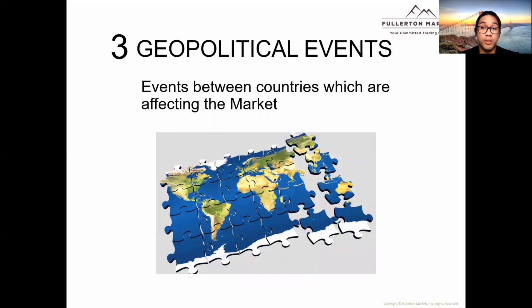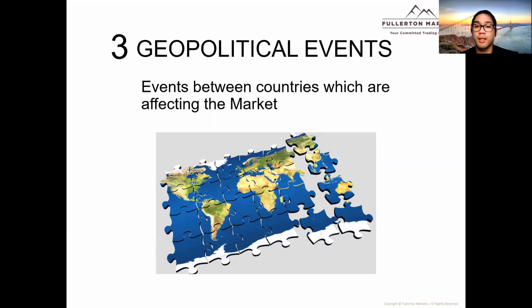The third thing that could affect forex prices would be geopolitical events. Yes, ladies and gentlemen, geopolitical events, or basically events between countries which are affecting the market. Now, think about your day-to-day life.